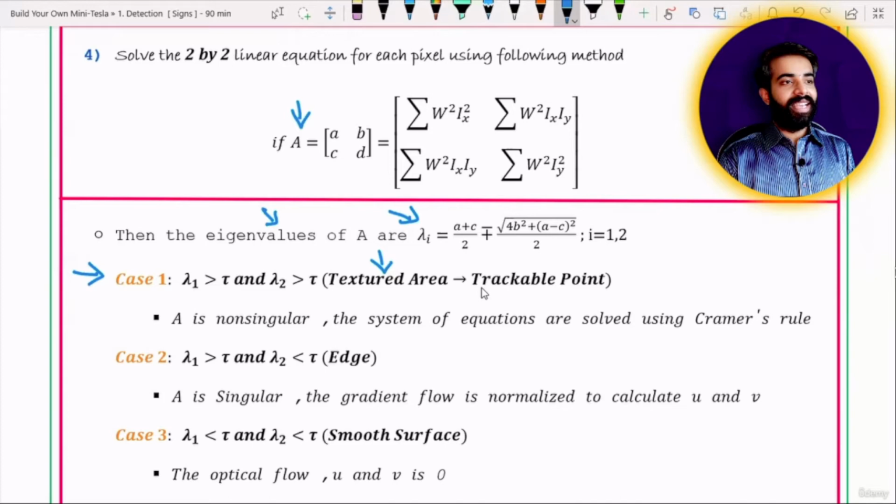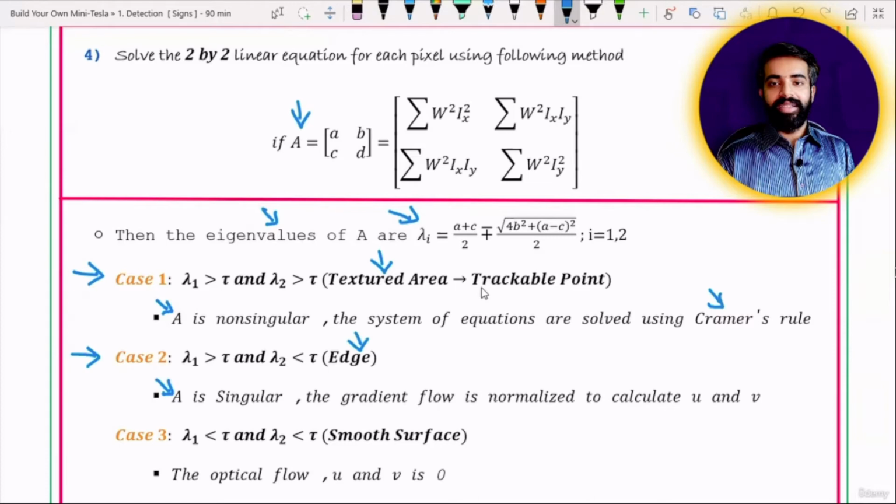The second case is where one of those eigenvalues is larger than the threshold and the other one is smaller. This represents an edge, which means that A is singular or non-invertible, and we need to first normalize the gradient flow to calculate u and v. And the third and last case is that both of these eigenvalues are less than the threshold, representing a smooth surface, so u and v cannot be calculated and are assumed to be 0.